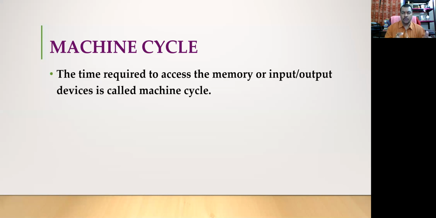So remember this small definition: the time required to access the memory or input output devices, means the clock pulses which are required to access the memory, to give the data or to read the data from the memory, or to read the data from the input output devices. The total number of clock pulses required is called the machine cycle, right? So this was the definition.